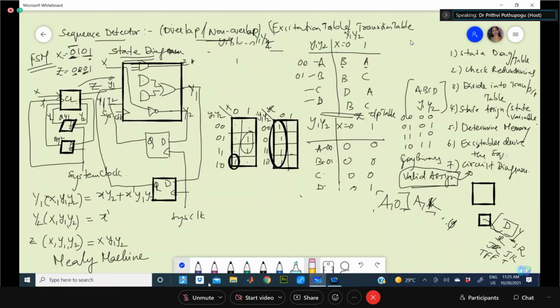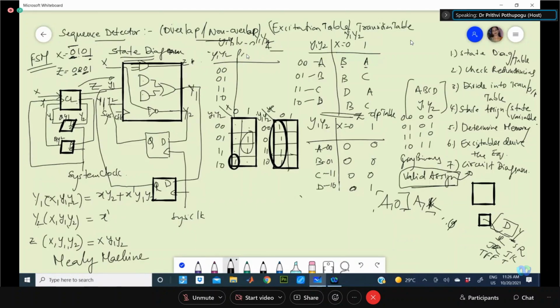This is gray assignment, 00 01 11 10. It's a trial and error sort of thing. We have to repeat this step for both the formats of assigning y1, y2, 00 01 11 10.